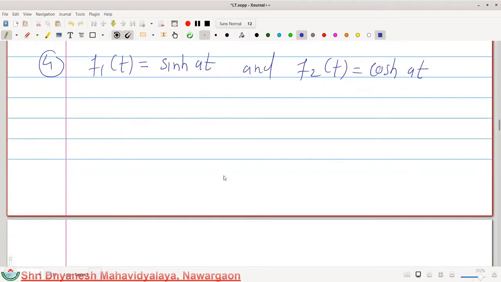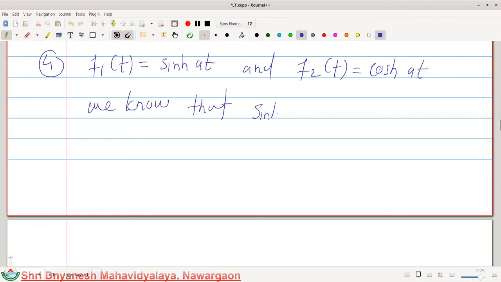If you know the formula, you can pause the video and start finding the required transformation for sinh and cosh. Otherwise, continue the video.